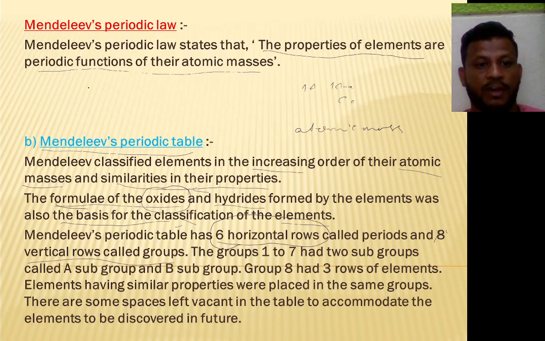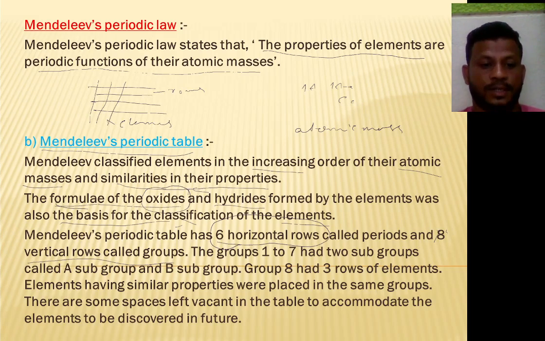Remember, 6 horizontal rows, and these are the vertical columns. Remember that, rows, and these are the columns, right? Mendeleev's table has 6 horizontal rows and 18 columns.